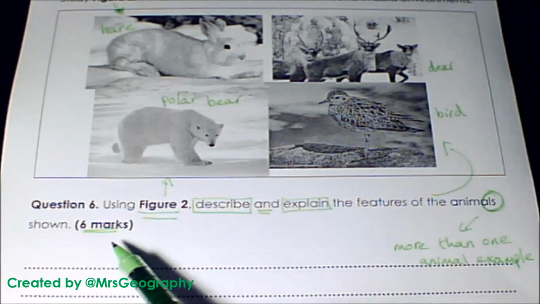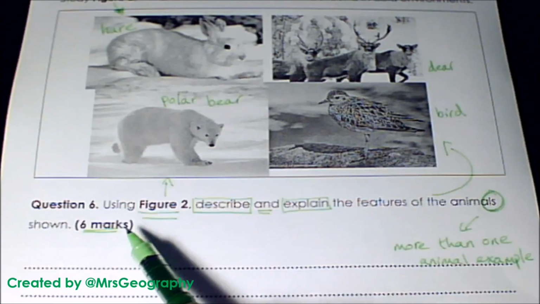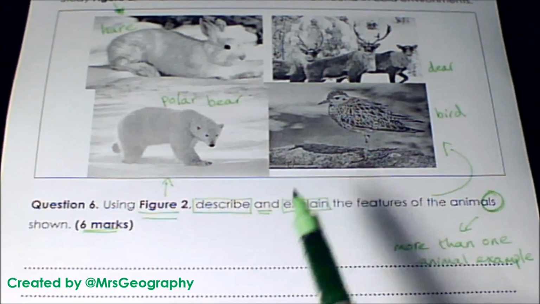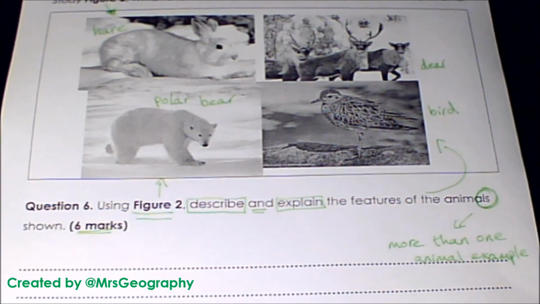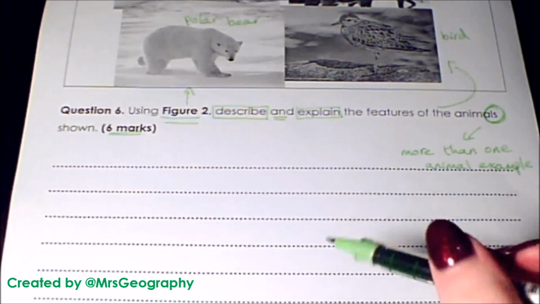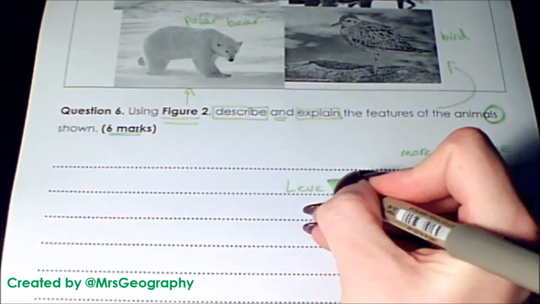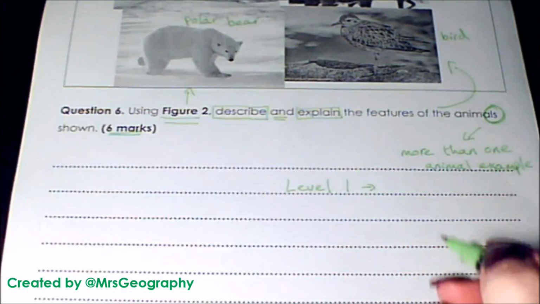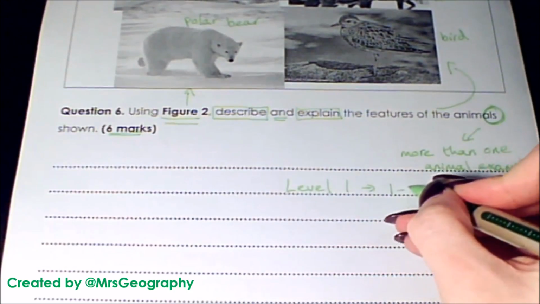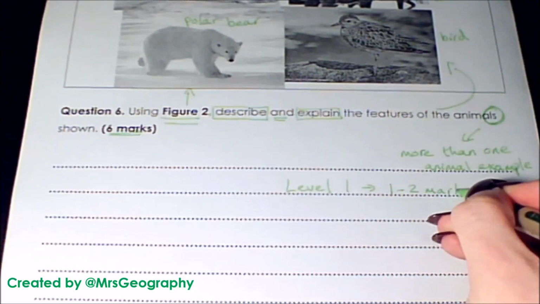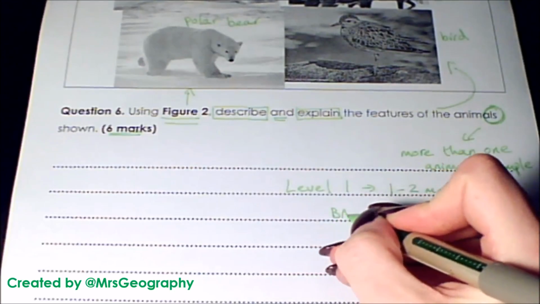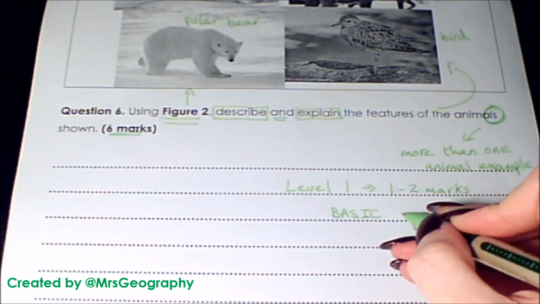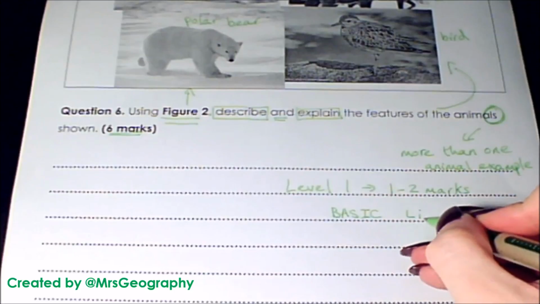So in order to get 6 marks then, because this is a describe and explain type question, it's a level marked answer. So if we break the question down, to get a level 1 type answer, it's 1 to 2 marks, and it means your answer is quite basic. So you provide limited knowledge.